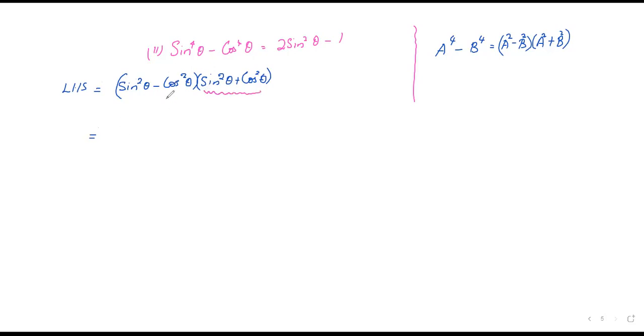So we will be left with sine squared theta minus cos squared theta, multiplied by 1. This is sine squared theta minus cos squared theta.